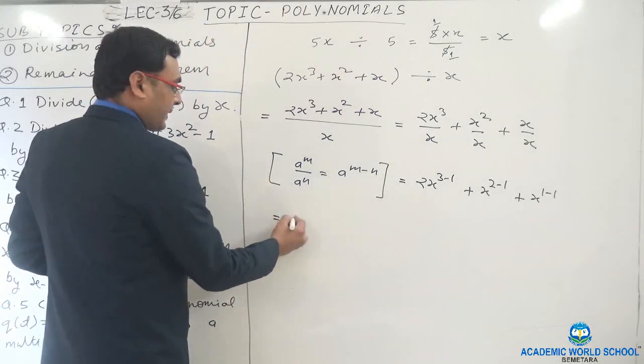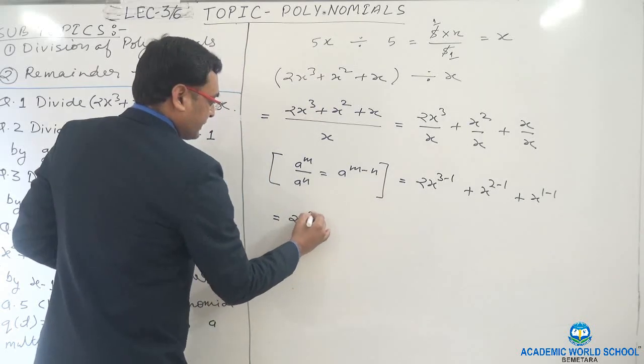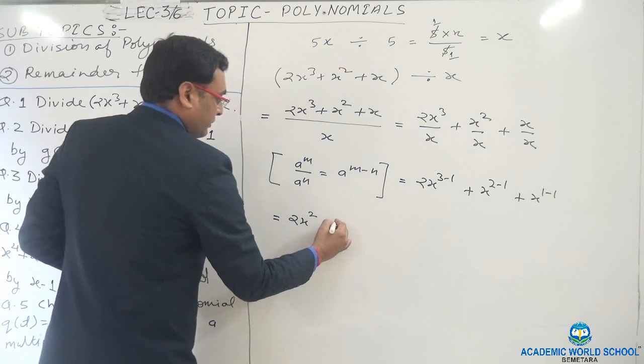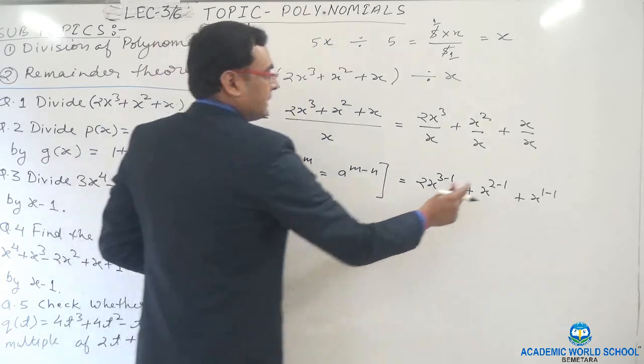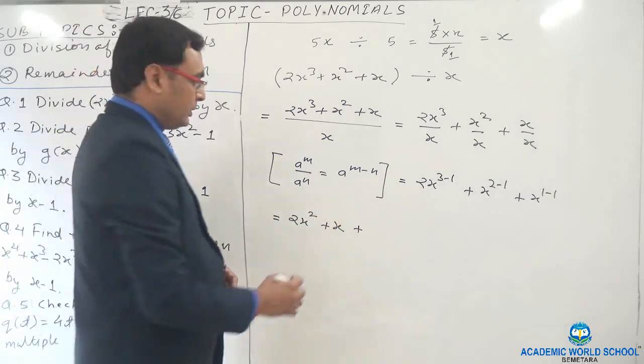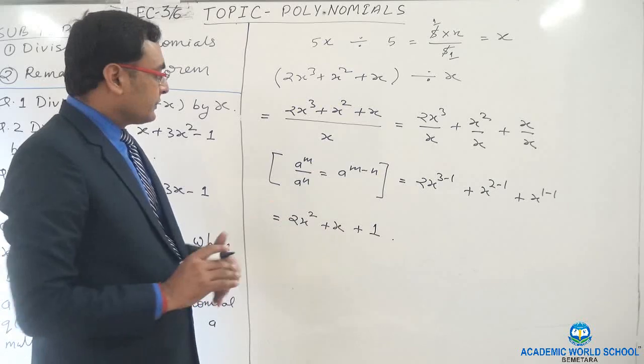Solve it further. 2 x to the power 3 minus 1 will become 2x square, plus x to the power 2 minus 1 will become x, plus x to the power 1 minus 1, that is 0 actually, x to the power 0 will become 1. So this is our answer.